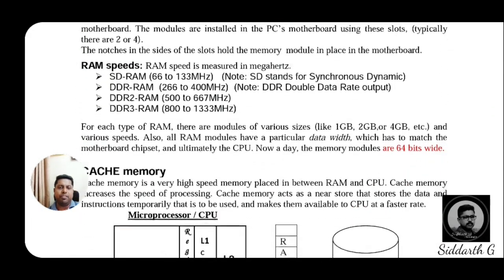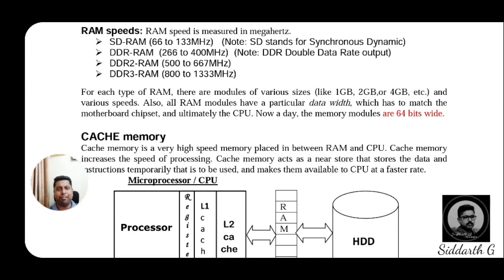Coming to the speed of the RAM, we calculate the speed in hertz. Different RAMs have different speeds. SDRAM, synchronous dynamic random access memory, usually has 66 to 133 megahertz, and DDR RAMs nearly 266 to 400 megahertz.